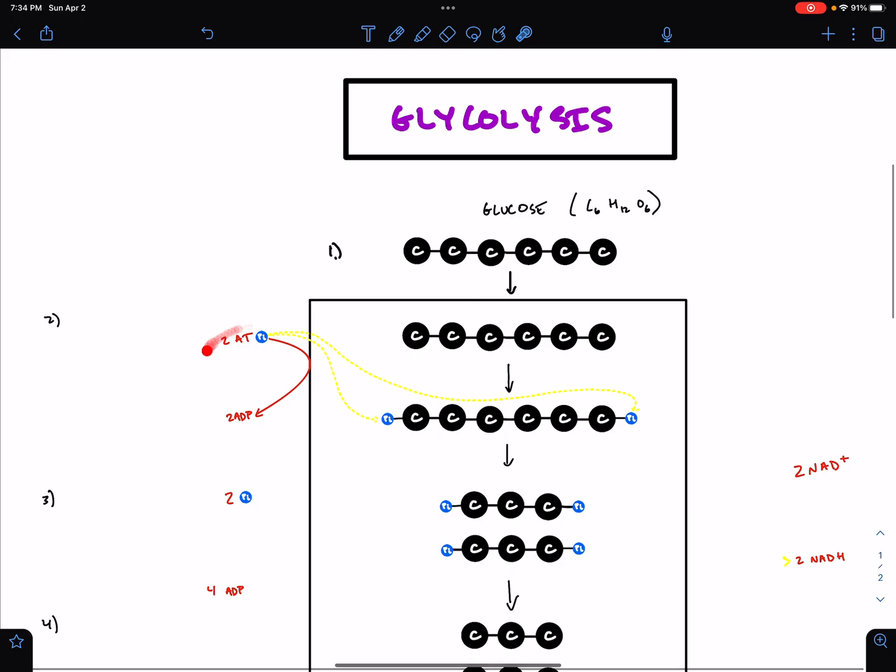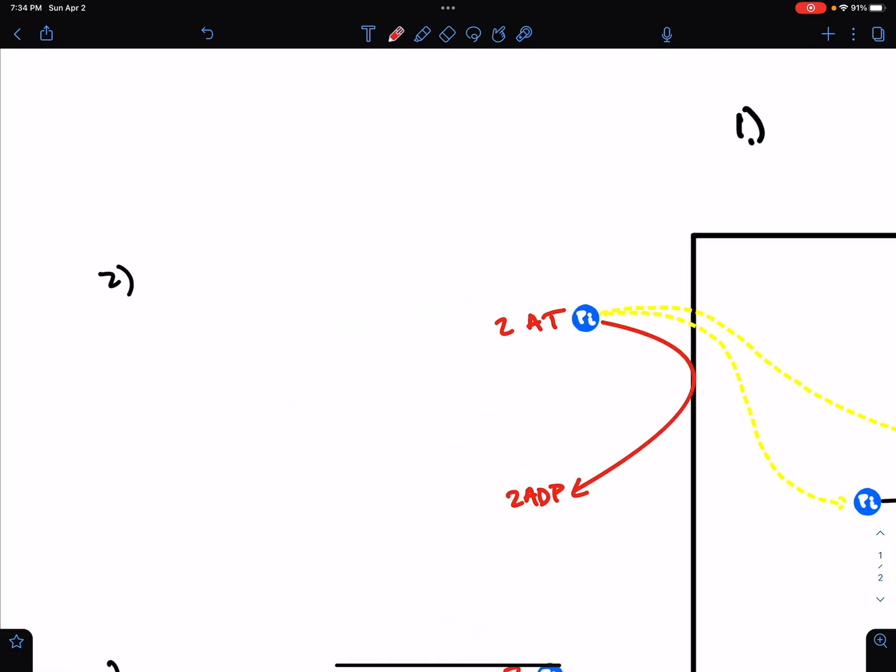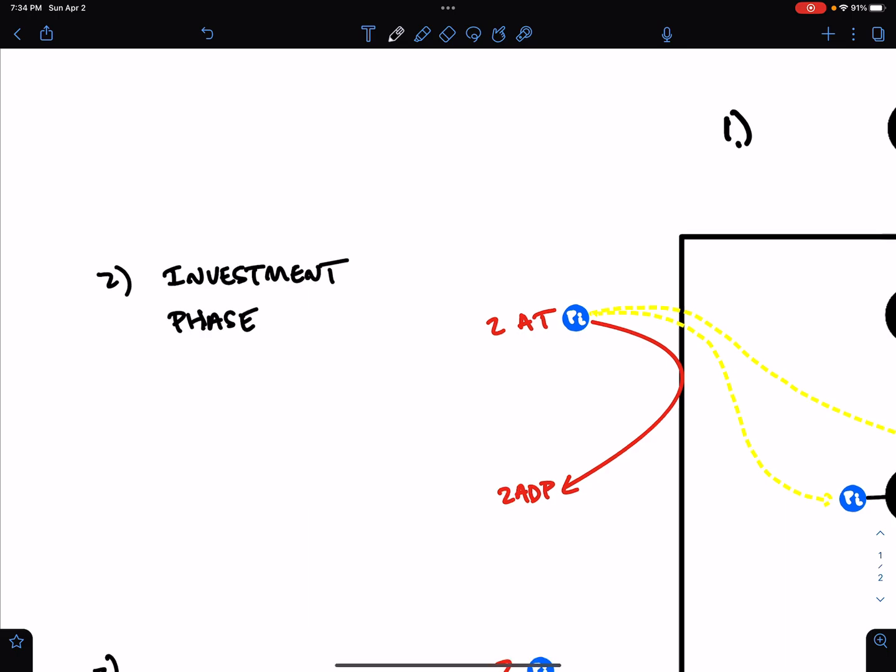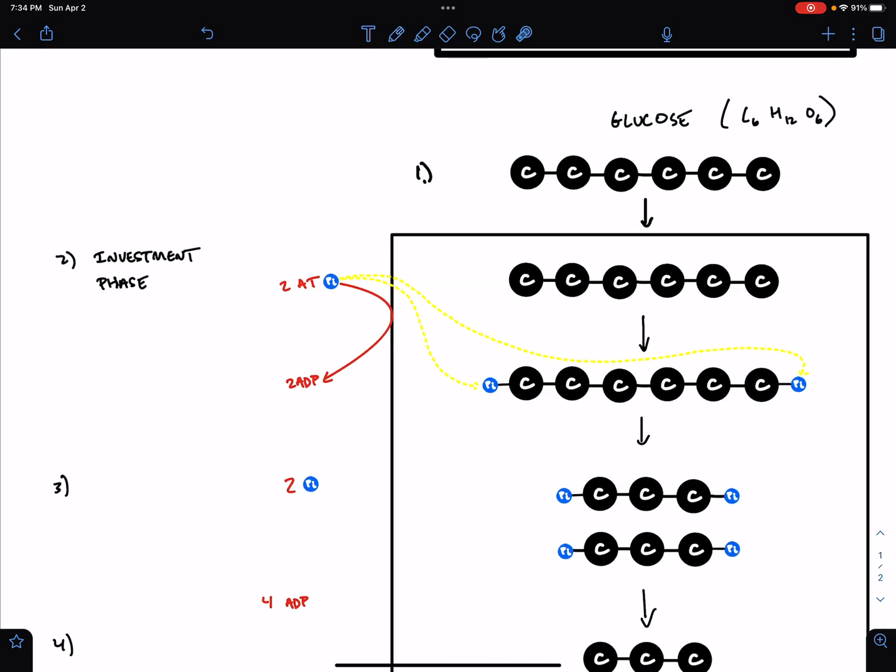Because we're spending ATP at the beginning of this reaction, we call this phase of glycolysis the investment phase. We actually have to use a little energy to get this reaction started.